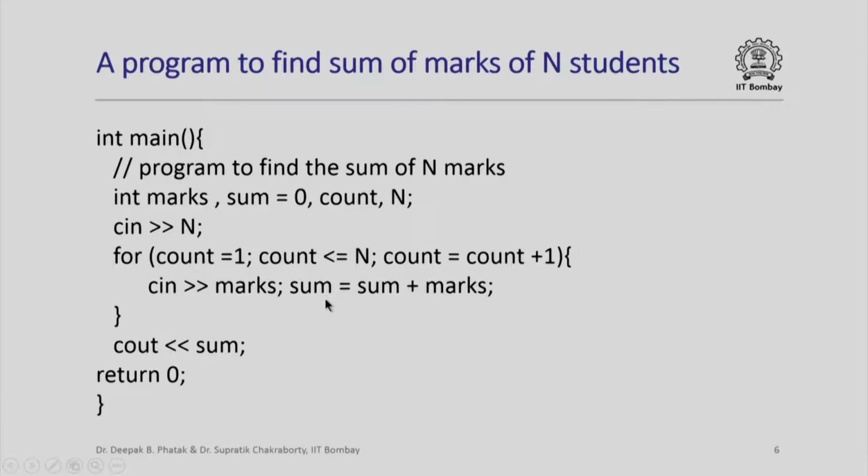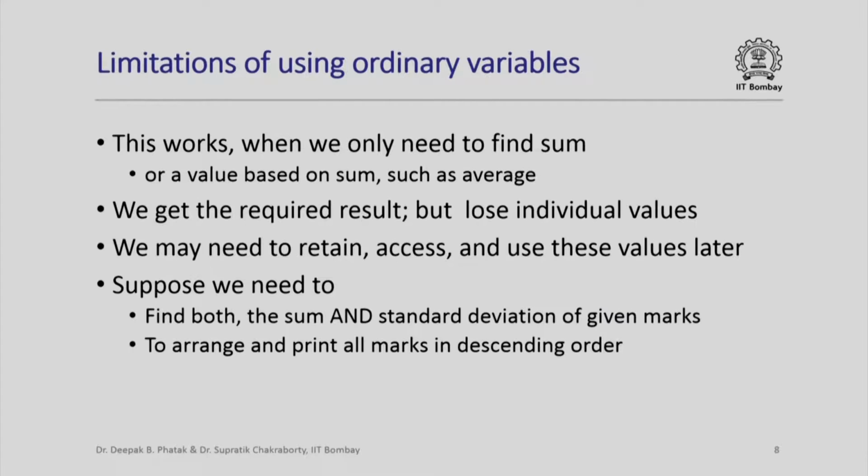When the iteration control goes back to the next iteration, the next value of marks is read in the same variable, and it gets added to sum. At the end, it is very obvious that sum will contain the sum of all n individual marks that have been submitted. So what have we achieved? We have actually succeeded in finding the sum of marks of n students without having n individual variables.